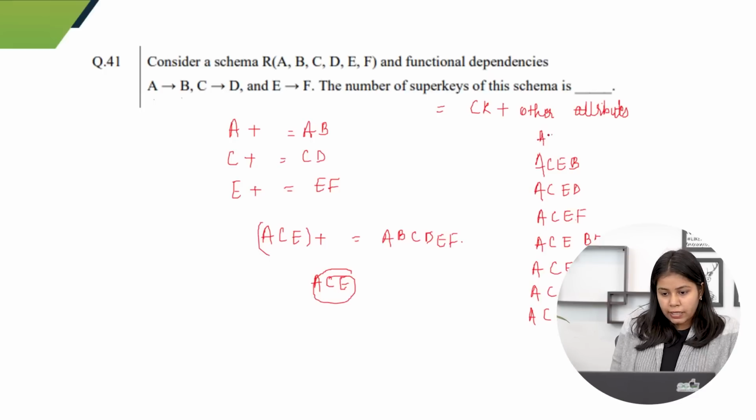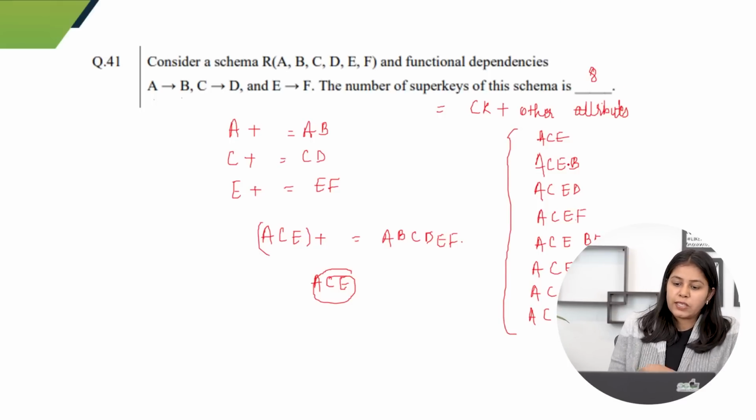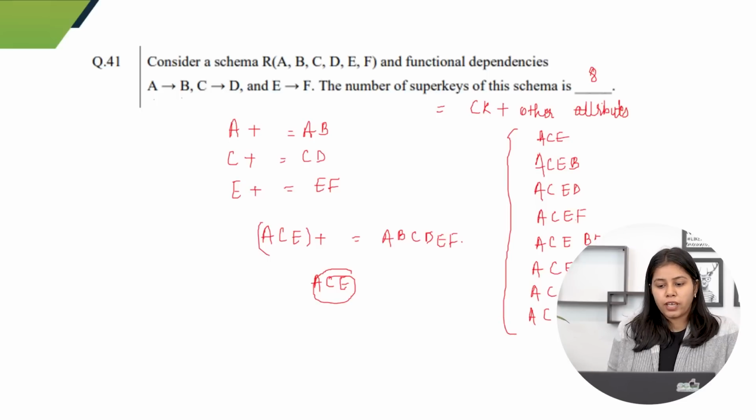And I also can take ACE alone. So how many super keys are possible? We have a total of 8 super keys possible, because a super key is basically a candidate key plus other attributes. So I have considered all those possible super keys.